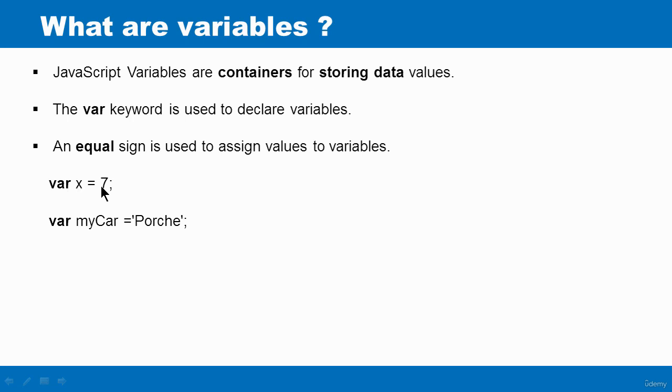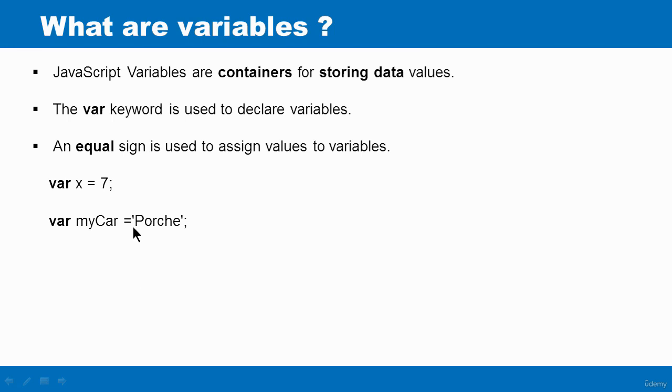Notice the difference in the two values here. This one, the value is 7, which is a number. And here, the value is Porsche, and I've put quotes around it. When you are declaring variables, if you are declaring text, you have to enclose it in quotes. You either have to use single quotes or double quotes, but you can't mix them.